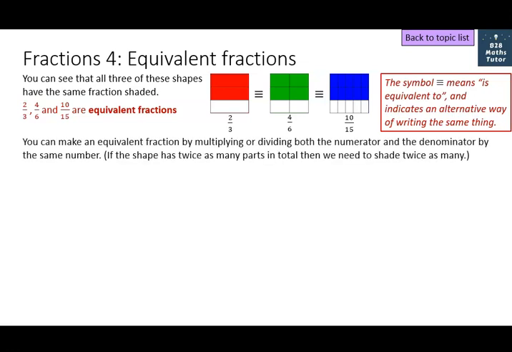And you can make an equivalent fraction by either multiplying or dividing both the numerator, the number on the top, and the denominator, the number on the bottom, by the same number. Looking at these shapes, this one's got twice as many parts as this one, so we need to shade twice as many for it to be an equivalent fraction that's shaded.